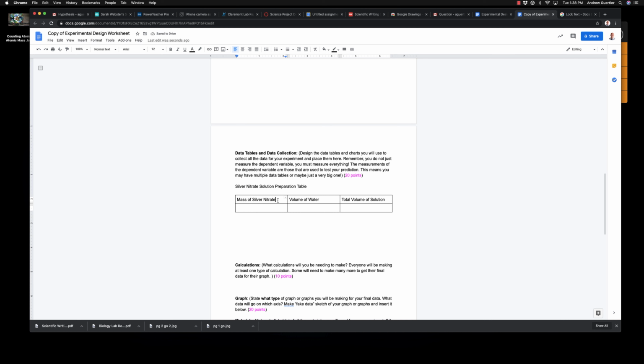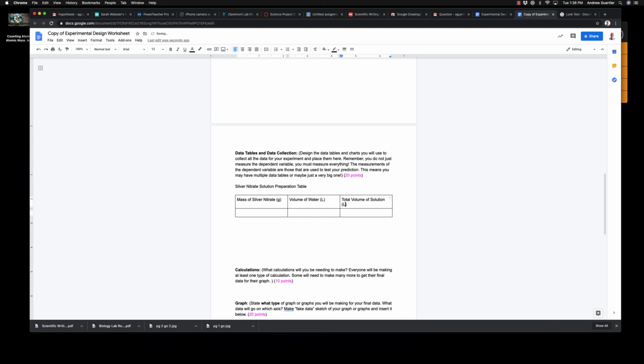All right. So here, I've made a table for me to place how many grams of silver nitrate I'm going to need, how much water I'm going to need to make a 1 molar solution of silver nitrate, and then it'll tell me the total volume of solution I'll have. All right, so I'll have that data table that I need.